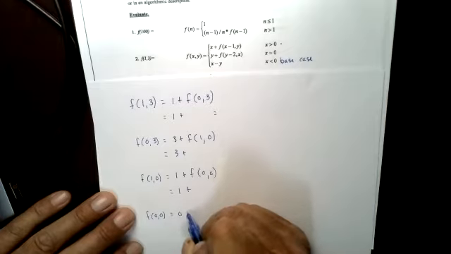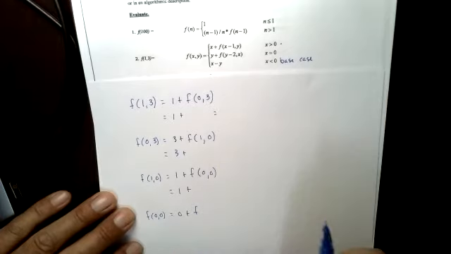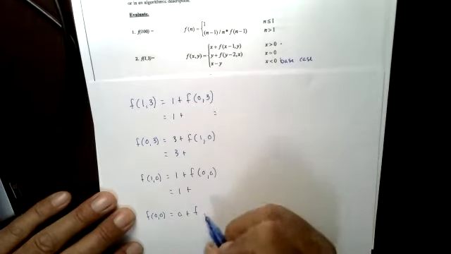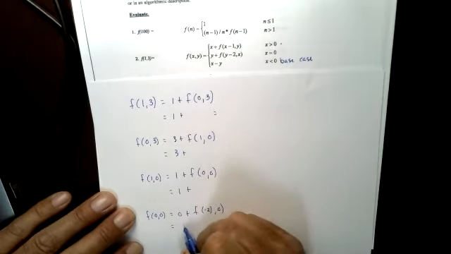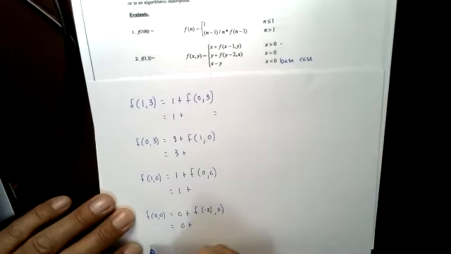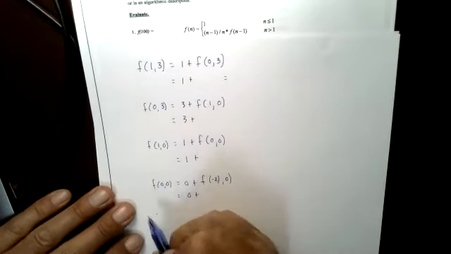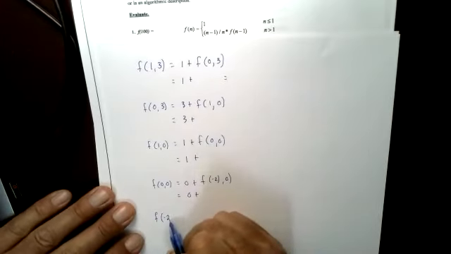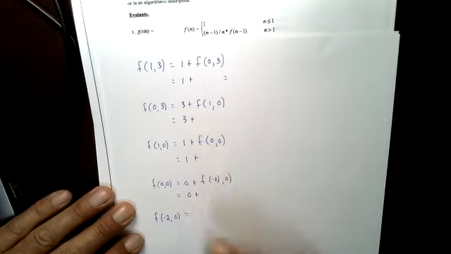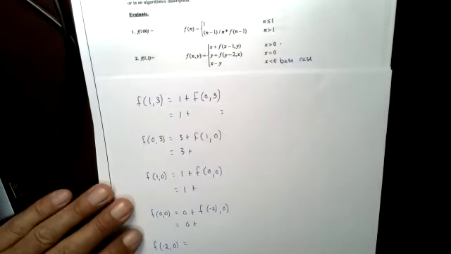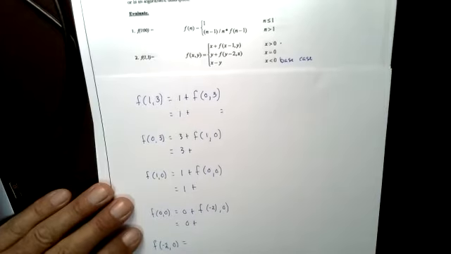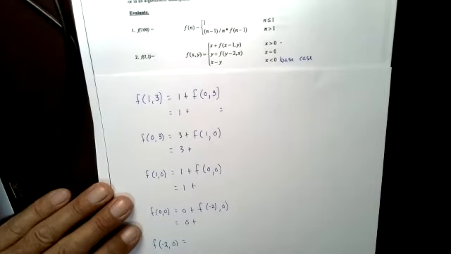It becomes 0 plus f of negative 2, comma, 0. Now I have to find f(-2, 0). Finally, I'm going to hit that base case. What is f(-2, 0)?